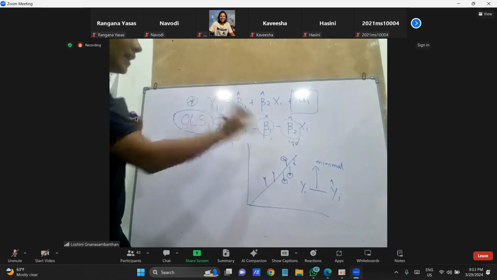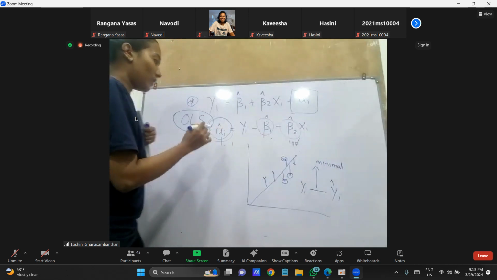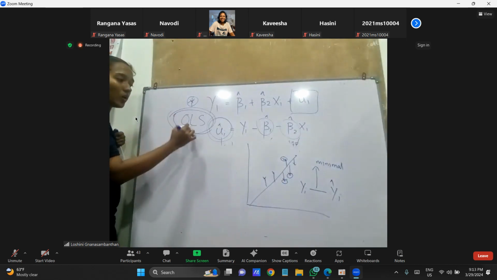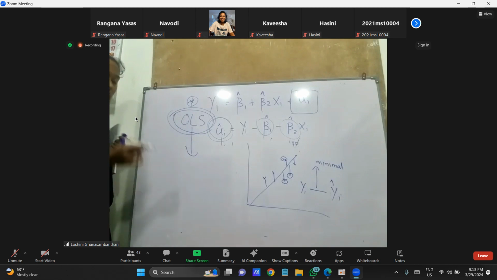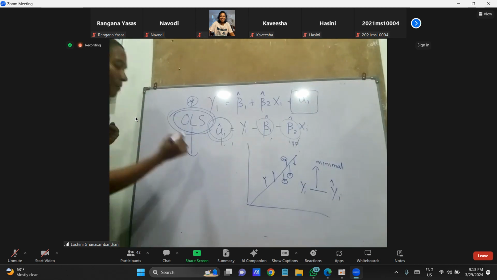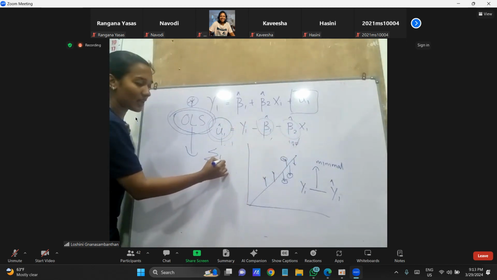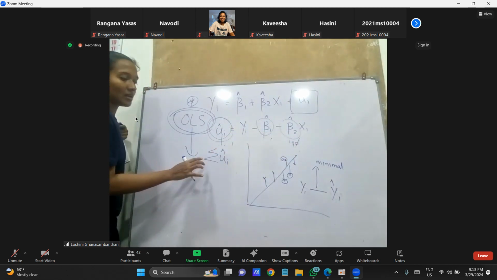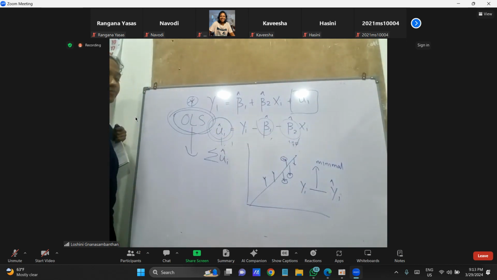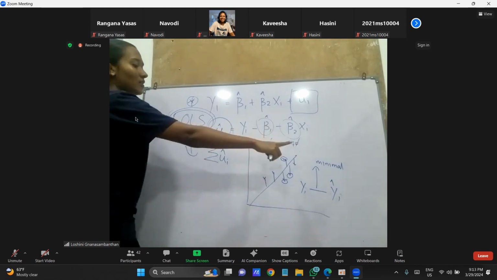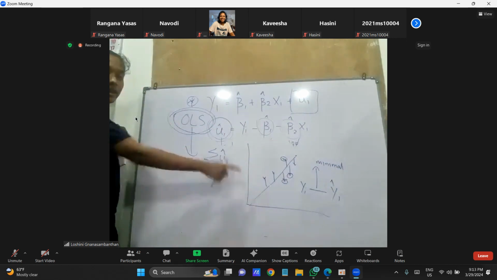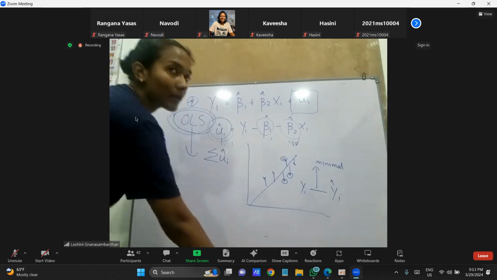So this line which we are going to find is from the ordinary least square method. That is what we mean by setting this equation in a way that minimizes the sigma ui hat. We are going to set this equation which will minimize the sigma ui hat.